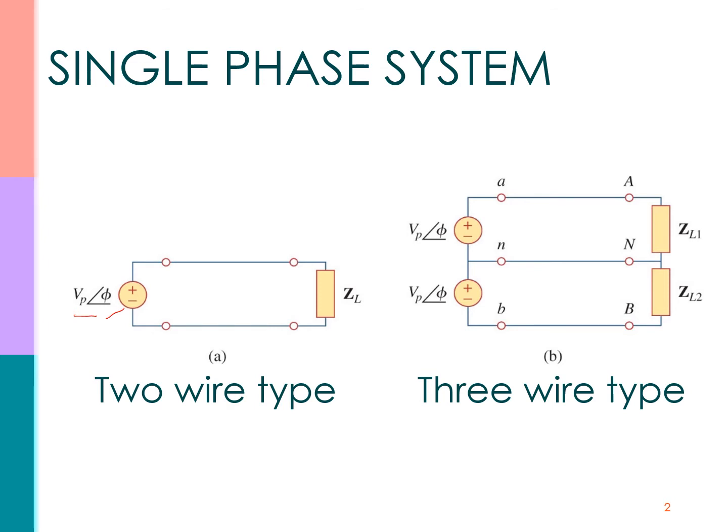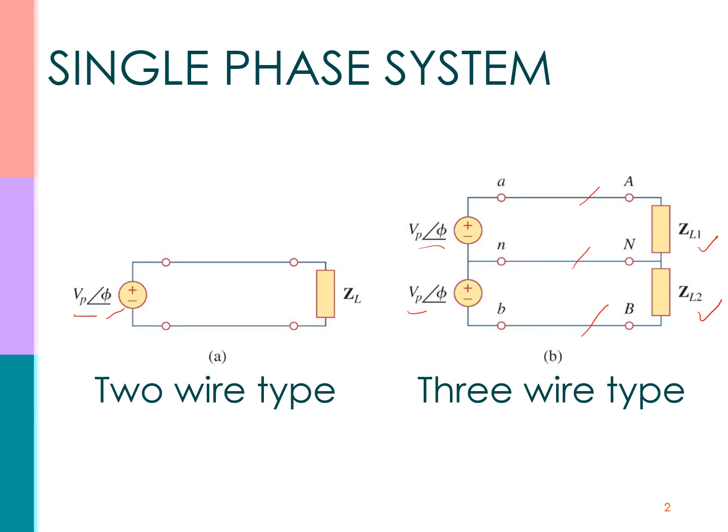What is more common in practice is a single phase three-wire system, shown in figure B. Figure B contains two identical sources, equal in magnitude VP and with the same phase, connected to two loads, ZL1 and ZL2, by two outer wires, wire A and wire B, and the neutral wire.